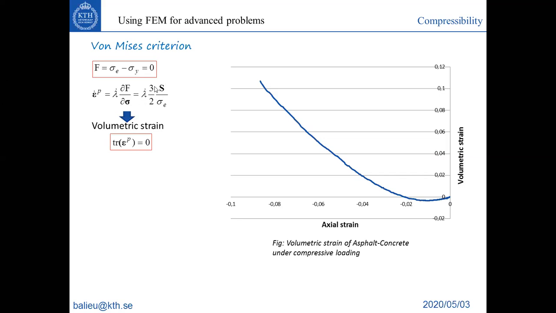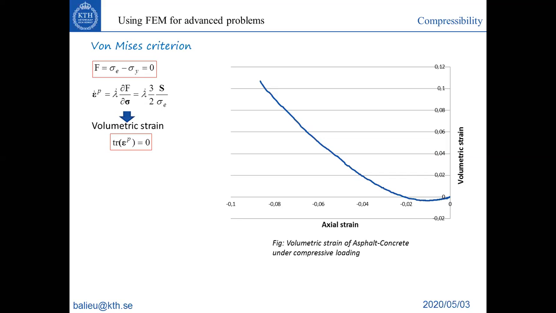Because this depends on the deviatoric stress tensor, and the deviatoric stress tensor is the stress associated with deformations which have no change in volume. Deviatoric is a change in shape, but not a change in volume. The volumetric strain represents the change in deformation due to change in volume.